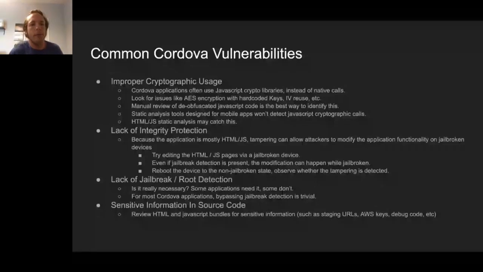Another really common vulnerability is that integrity protection is really hard for Cordova applications, because you have all these HTML and JavaScript files that are part of your application bundle. If I can modify them with a jailbroken device, reboot the device in a clean state, and it'll still run, this is a vulnerability.